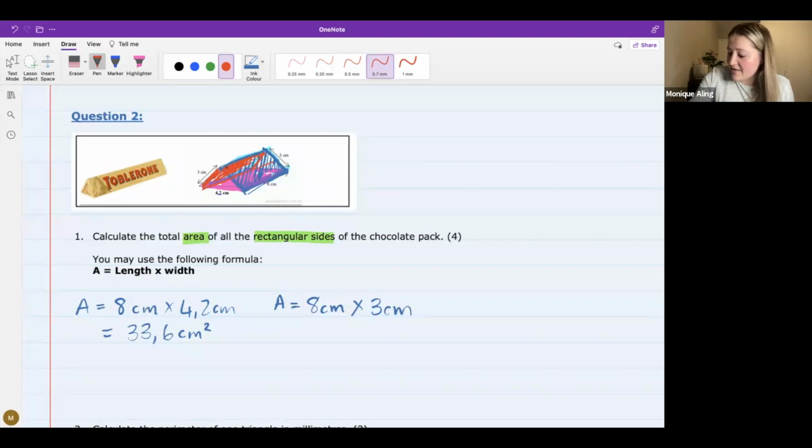So there's our other rectangle. It's just really hard to see, but we've got 3 centimeters and the length across the whole thing is 8. So there are 2 rectangles that are the same, so I'm going to just times by 2.